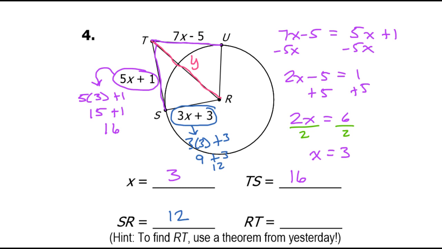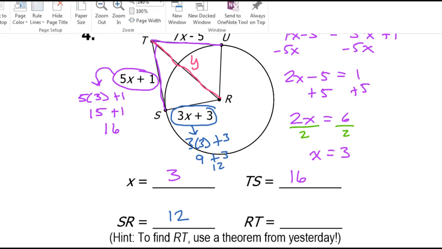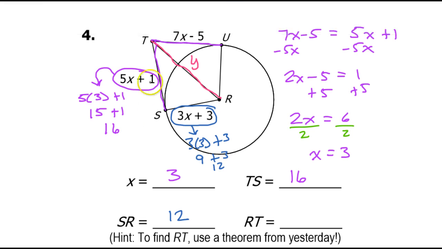Well, guys, focus your eyes on the following triangle. I have this triangle right here, triangle TSR. There's a theorem that tells us that the radius is always perpendicular to the tangent. So that means this is a right angle, which means what I have now is a right triangle.